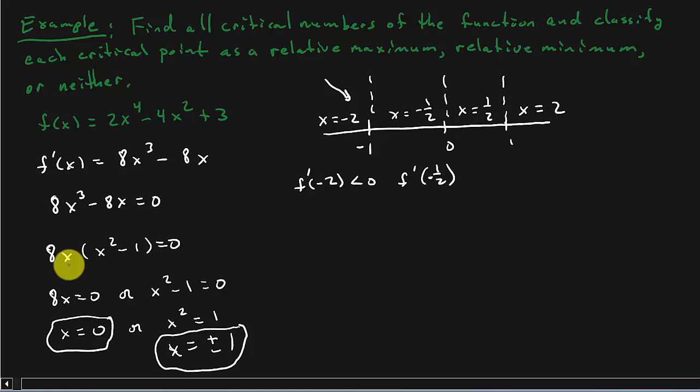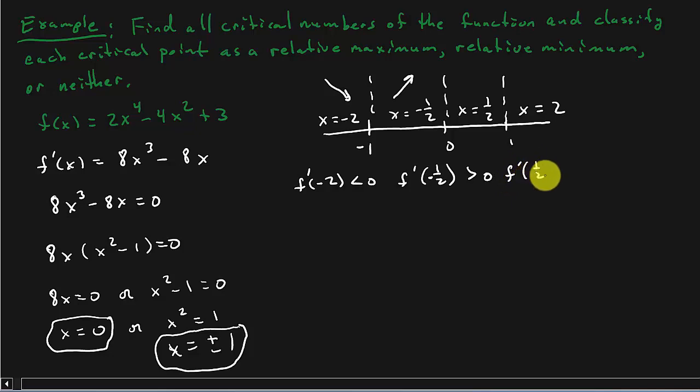F prime of -1/2. So plug the -1/2 in. That would be negative. 8 times -1/2 is negative. -1/2 squared is 1/4. 1/4 minus 1 is negative. So I've got a negative times a negative, which is a positive. And so that would be increasing.